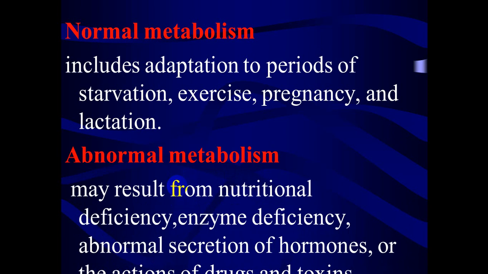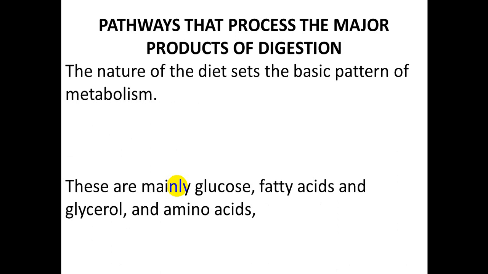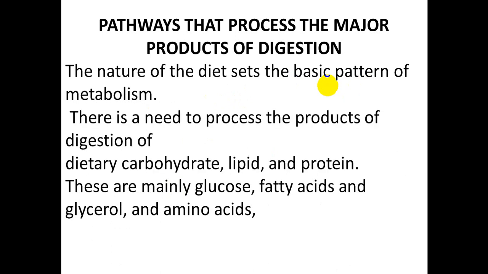Then, the pathways that process the major products of digestion. The nature of the diet sets the basic pattern of metabolism. There is a need to process the products of digestion of dietary carbohydrate, lipid and protein.